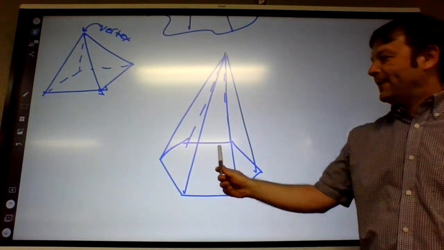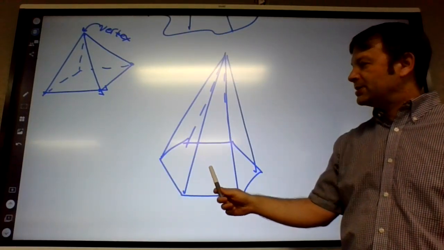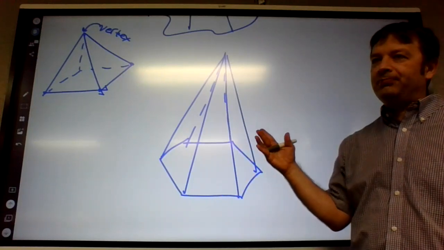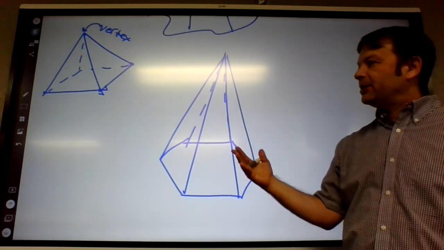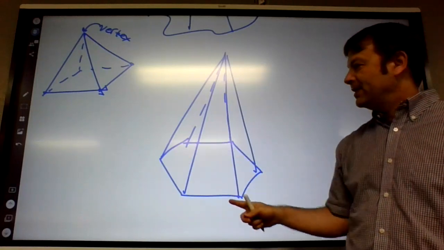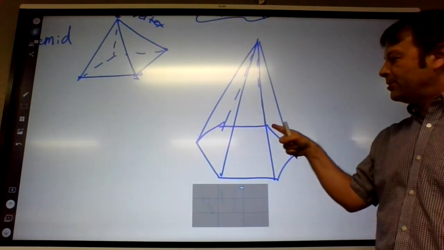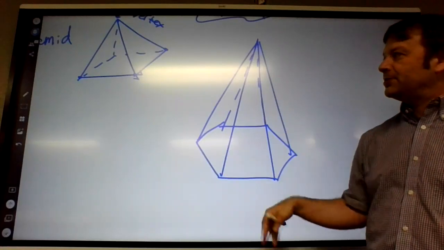Okay, you guys see why? This is a hexagon on the base, 6 sides, so it's a hexagonal pyramid. The base is a flat surface at the bottom. You could do any base, really, and just make it come up to a point. But this is still a pyramid too, because all the edges are line segments, straight edges.